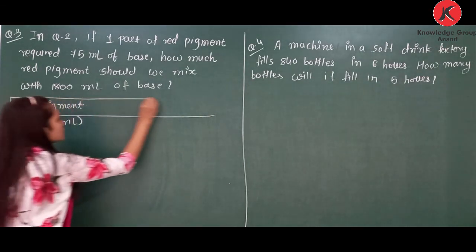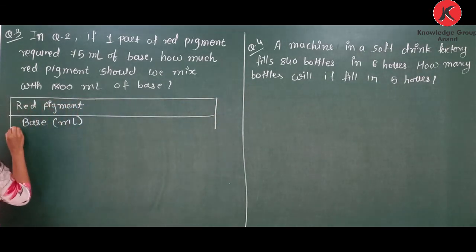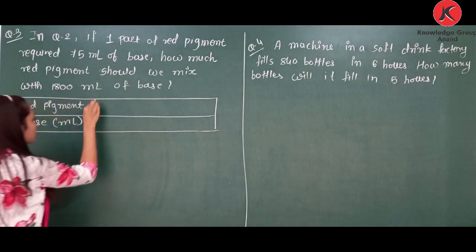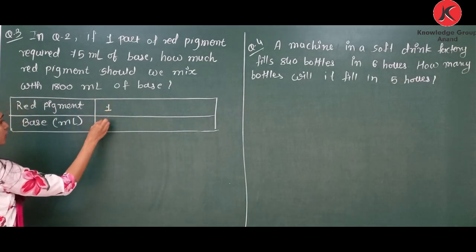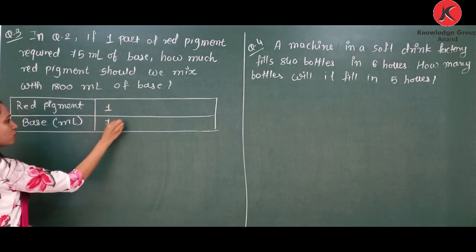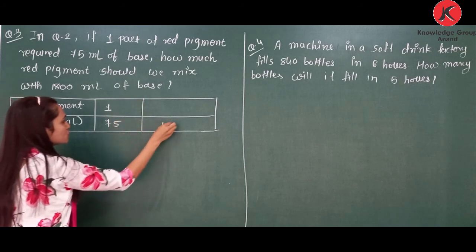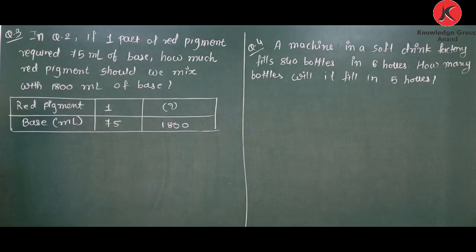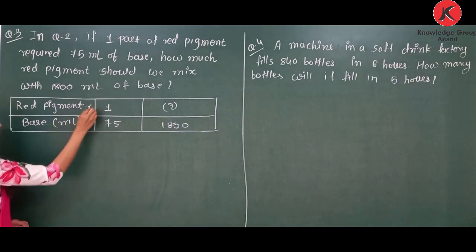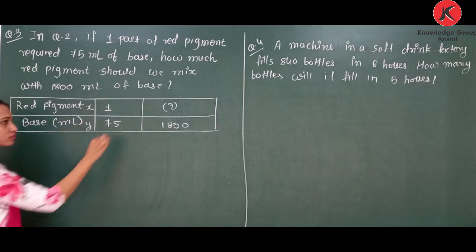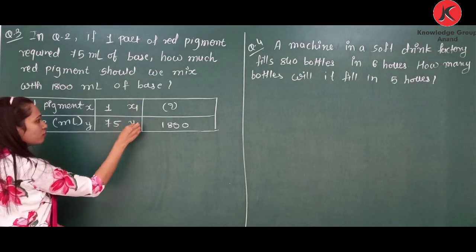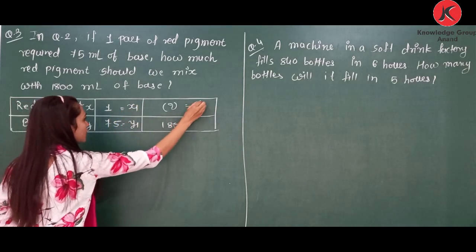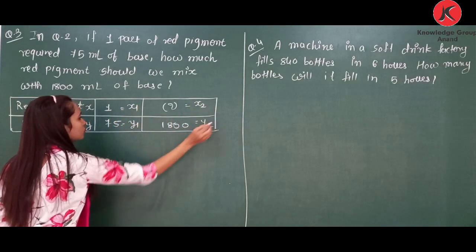In the first statement it is given that when one part of red pigment is there, base is 75 ml. When base is 1800 ml, how much red pigment is required? So this is our value of x, this is the value of y. So x1, y1, this is x2, y2.